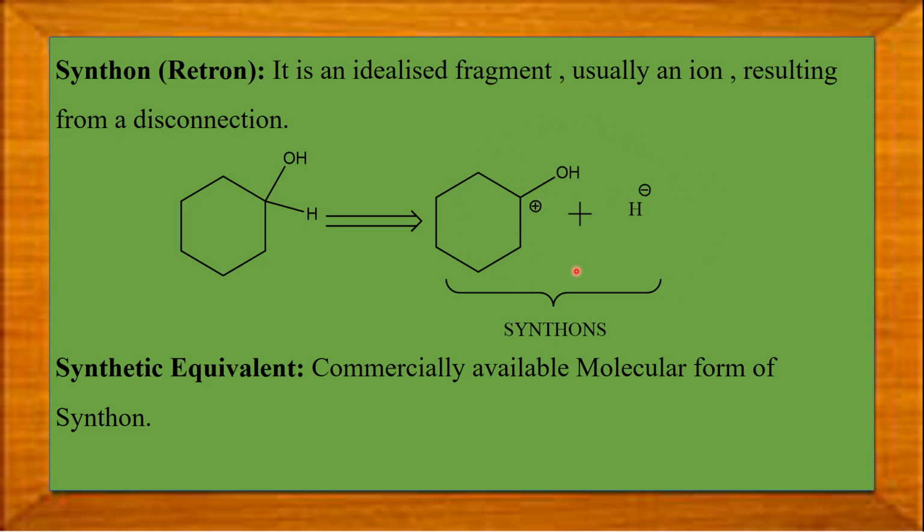These are called synthons or retrons. The fragments obtained by disconnection of the target molecule are called synthons, and the commercially available synthetic equivalent or molecular form of these synthons is called synthetic equivalent.